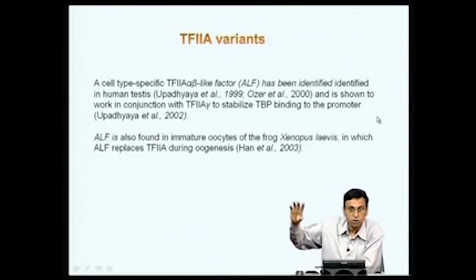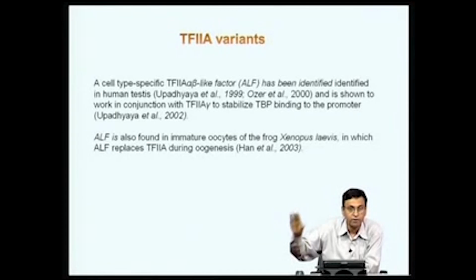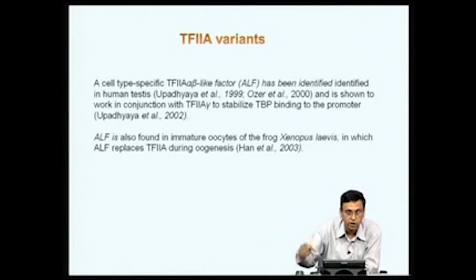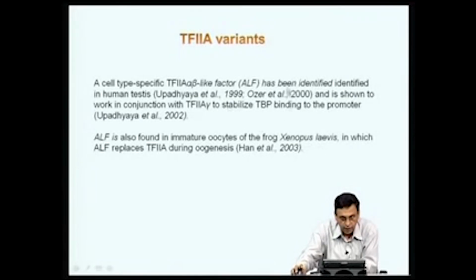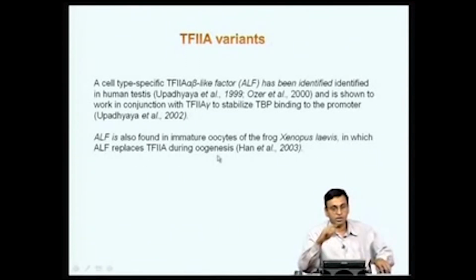So, not only are there variants of TBP and variants of TAFs, there are also variants of other general transcription factors which can contribute to differential gene regulation, and this variant called ALF is also found in immature oocytes in the frog Xenopus laevis, in which ALF actually replaces TFIIA during oogenesis.